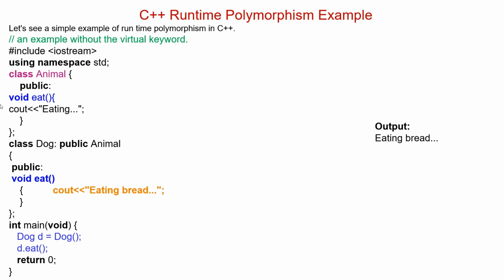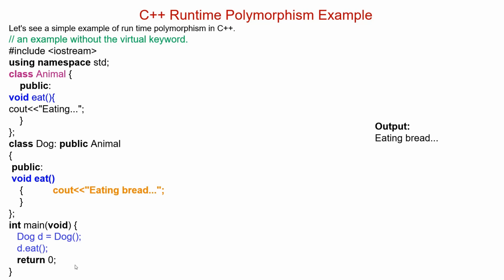Now the main function, int main(void). I have declared the instance of Dog: Dog d = Dog. I have created the object of the Dog. d.eat(); return 0.